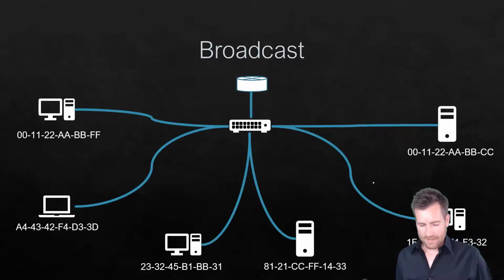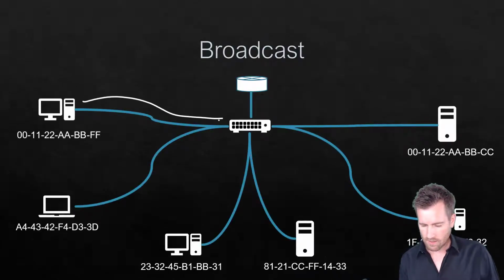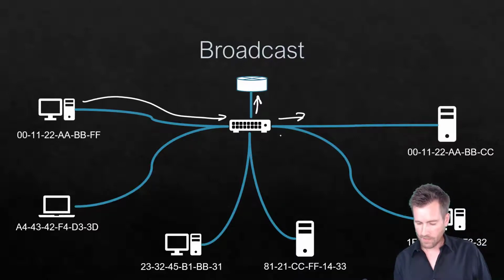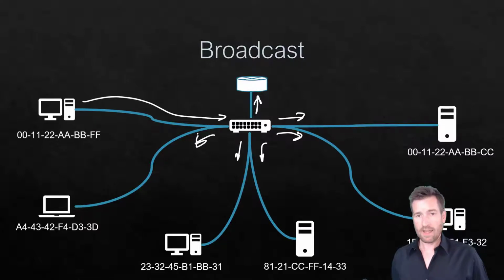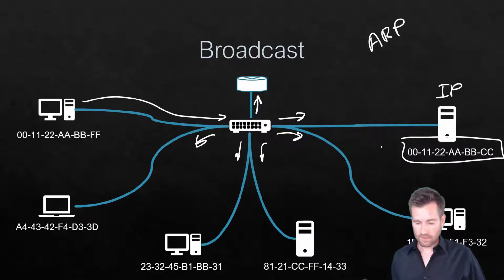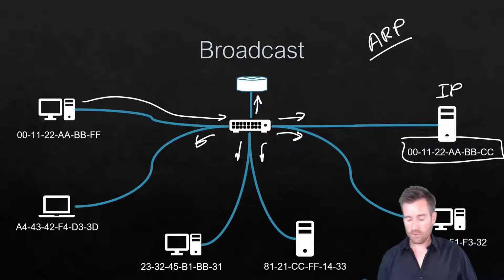Now, a broadcast is a message that's going to be sent, and the switch will actually broadcast that out all live ports. An example of a broadcast may be an ARP request. We know that if we have an IP address of a server, but need the MAC address of the server so we can send it information across this LAN, we need to do an address resolution.